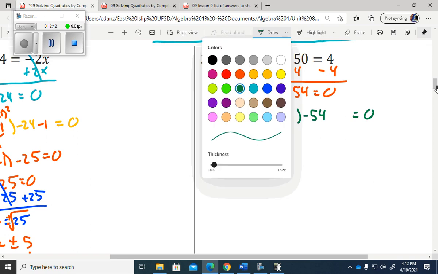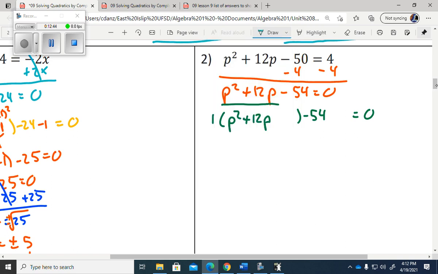I will take half of that 12, square it and put it here. And 1 times 36 is 36. The opposite of that is minus 36. So I'm going to go straight to my parentheses squared. It's a p plus 6.